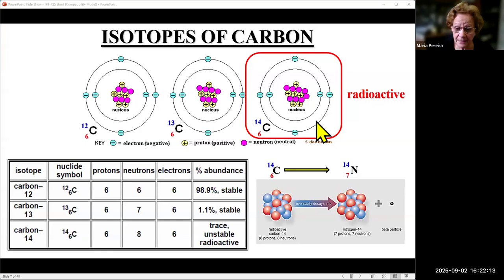And the electron that is expelled now can generate images. That energy can generate image in the PET scan. So the PET scans rely on these unstable atoms that release energy in the form of electron.